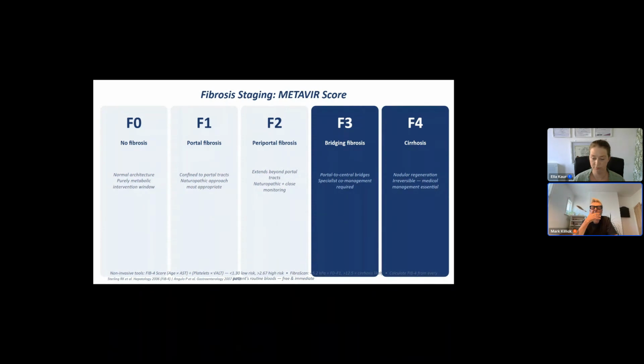You can see here it's been colored: when we have fibrosis at stages F0 to F2, this is where we can still make meaningful intervention. When we're at stages F3 to F4, this is where we need co-management with the allopathic world, especially when we get towards cirrhosis.